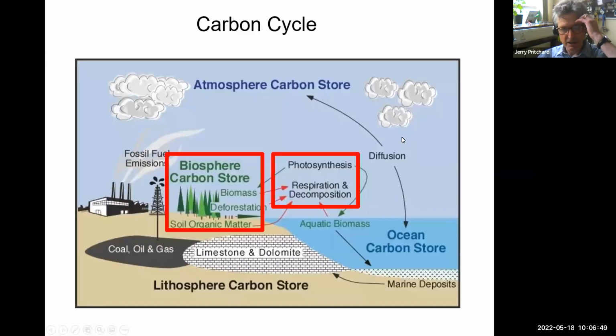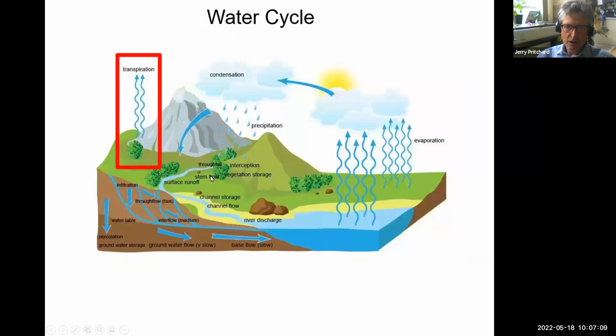Of course, on a basic level, we're looking at the carbon cycle, and photosynthesis and the biosphere carbon store are crucial to that. And BIFoR is looking at photosynthesis, also, as you'll see, respiration, decomposition, and the carbon stores in the soil and what happens to them. Through that water loss, we're also looking at the intersection, through those tiny little pores, of the carbon and water cycles, through the contribution of plants and trees to water loss and transpiration, and more water then accumulating in the atmosphere.